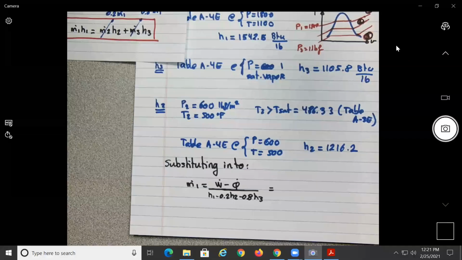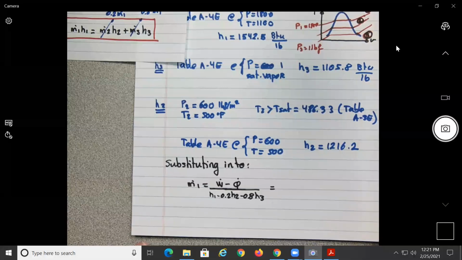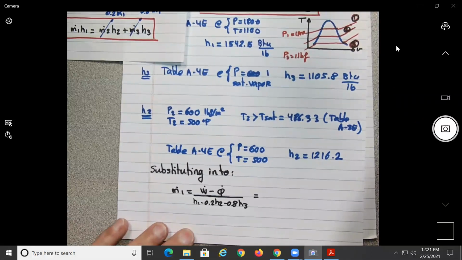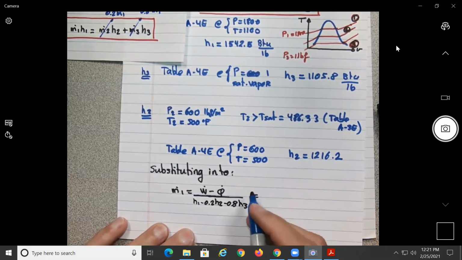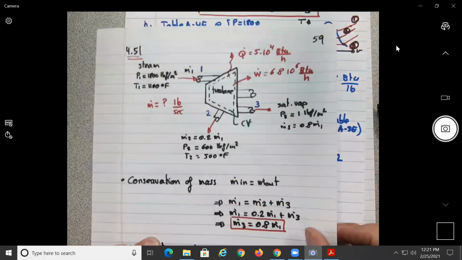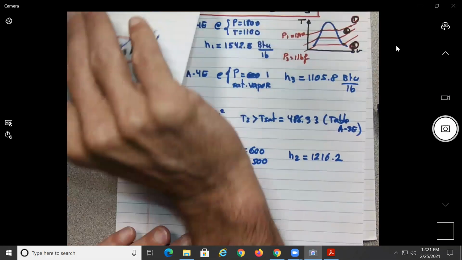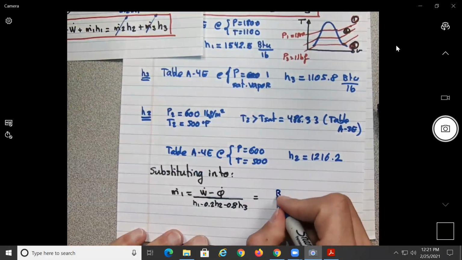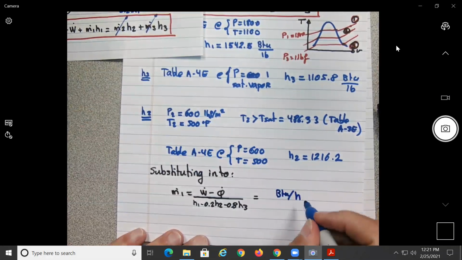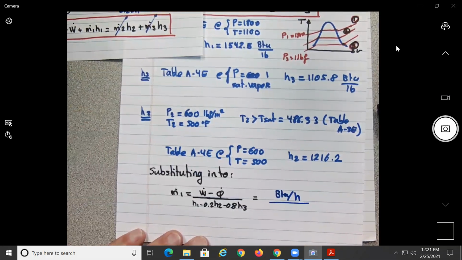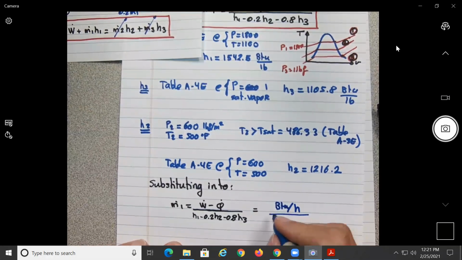Let us first look at the units and see what's happening. What would be the units on top? For what they give us, BTUs per hour. And at the bottom, we're going to have BTUs per pound.